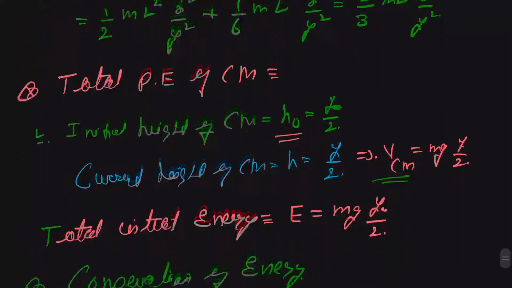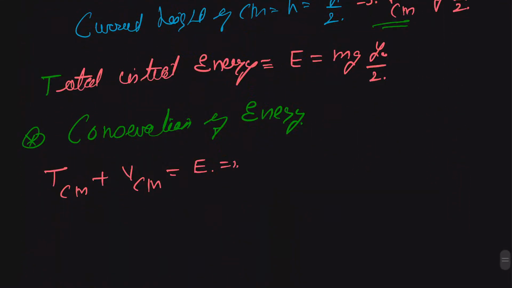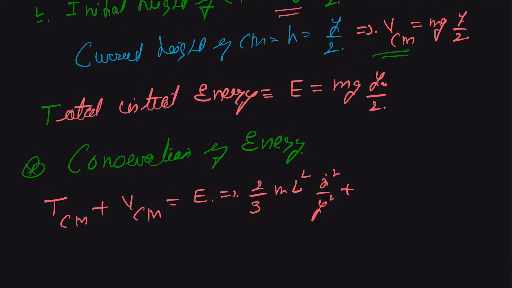TCM was 2 by 3 m L square x dot and y dot square, plus VCM is mg y upon 2, and E is mg y naught upon 2.